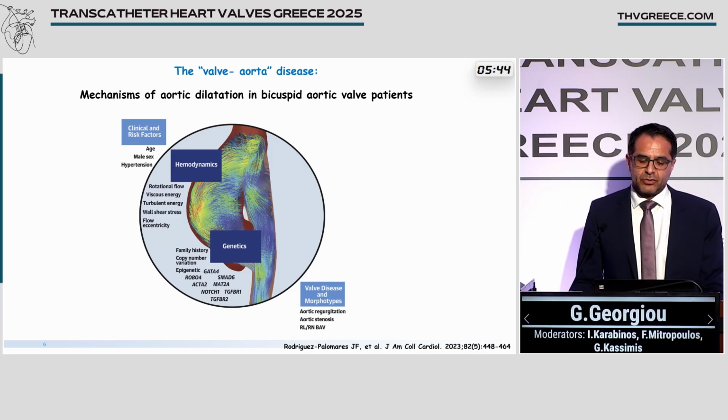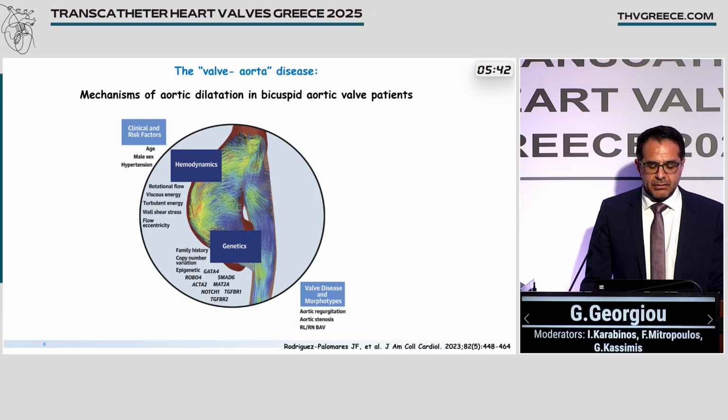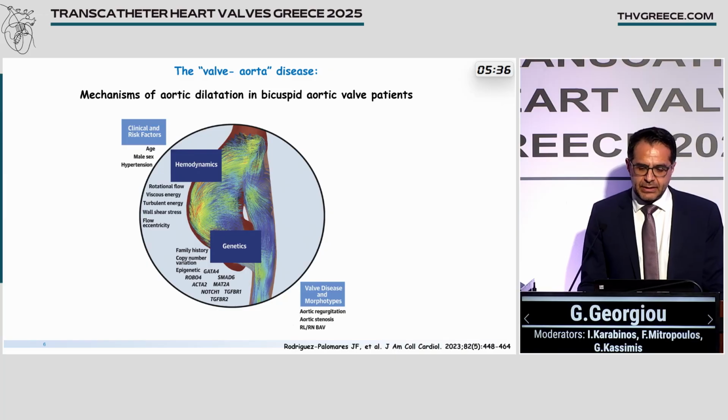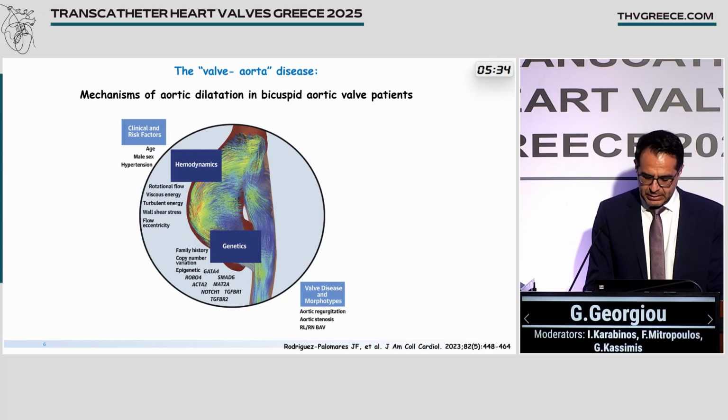Bicuspid aortic valve is an aortopathy. With regards to the mechanisms of aortic dilatation in bicuspid aortic valve patients, 2 different aspects are there: the hemodynamics and the genetics.